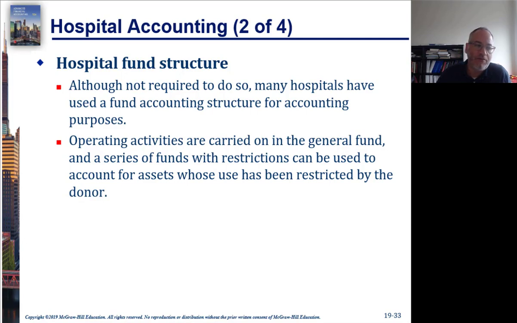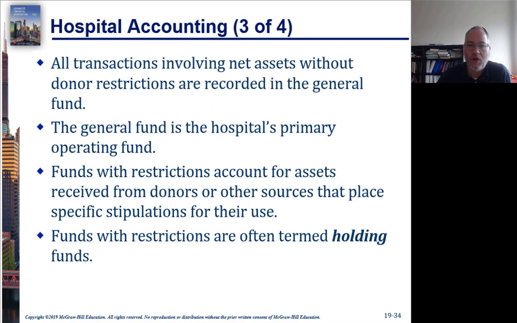So when a donor places a restriction on certain assets, those assets could be put into their own fund. In my experience, they usually are. That's a way of keeping them separate from the general fund. All the transactions are going to be recorded in the general fund, and that's mainly where they do business.